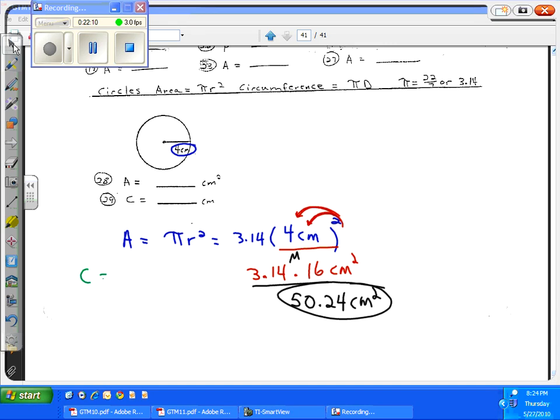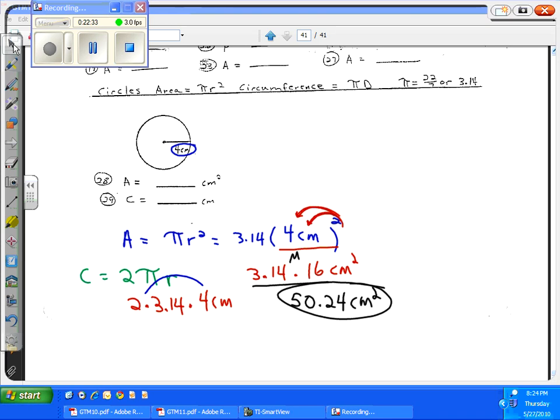The circumference is 2 times pi times the radius. So the circumference is 2 times pi, which is 3.14, times the radius, which is 4 centimeters. So we're going to multiply.